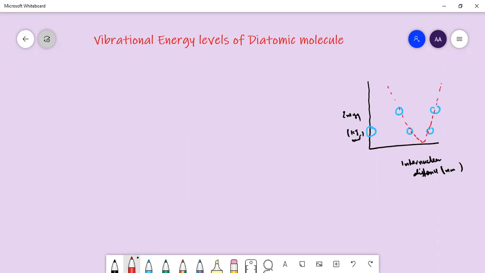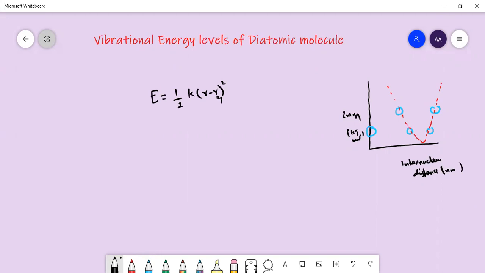for a diatomic molecule, and the energy of this kind of diatomic molecule is given by the equation E is equal to half K (R minus R equilibrium) squared. It means that the energy depends upon two factors.